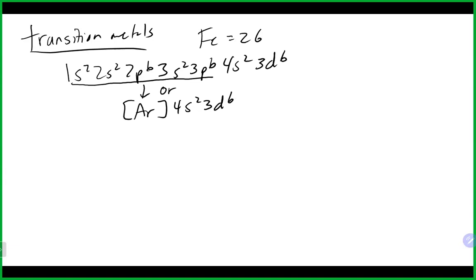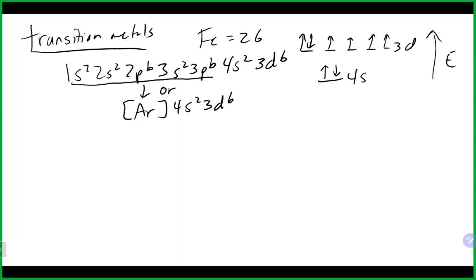So what happens when a transition metal gets electrons into its atom is the order we talked about, which is the electrons will go into the s orbitals first because they are lower in energy, and then they will fill up the d. So we'll go one at a time basically.